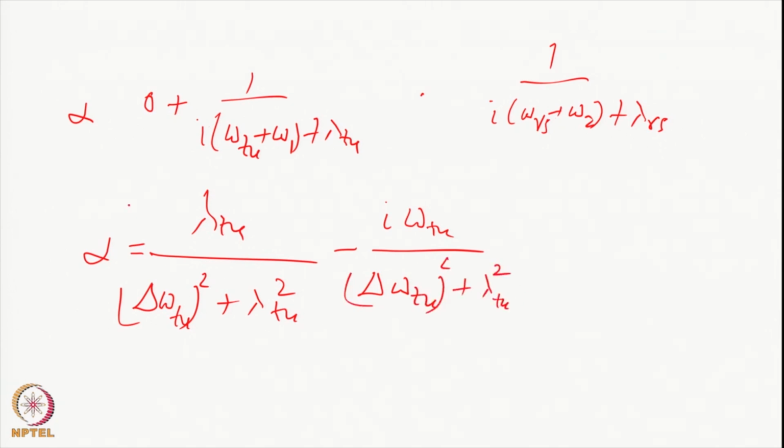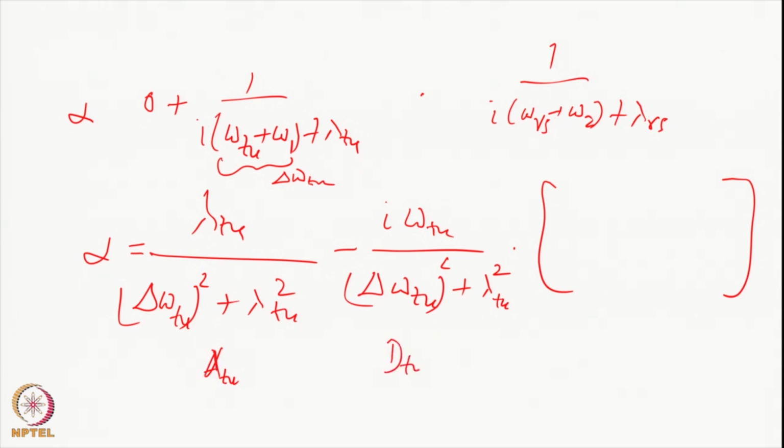This is the first term, multiplied by a similar term coming from the other transformation. What is delta omega Tu? This is delta omega Tu, where omega 1 is the running variable. If you plot this as a function of frequency, you will see that this is an absorptive signal ATu and this is the dispersive signal DTu, and similarly here you will have an absorptive signal ARs and a dispersive signal DRs.